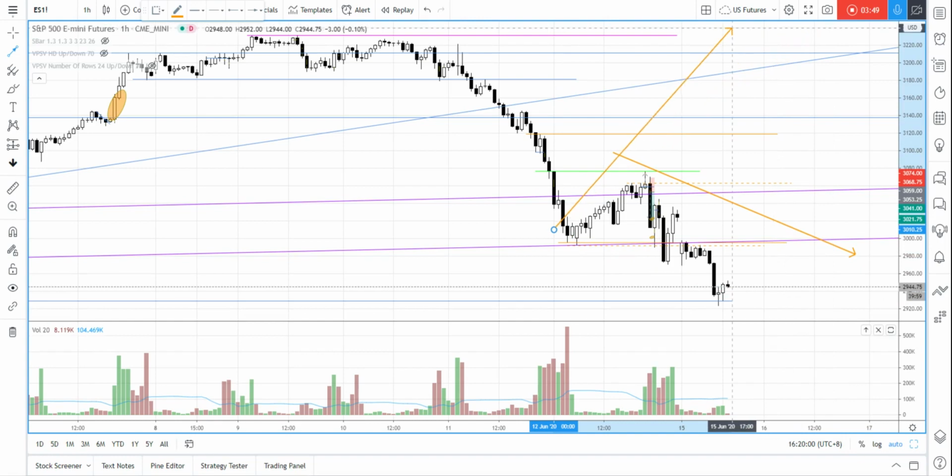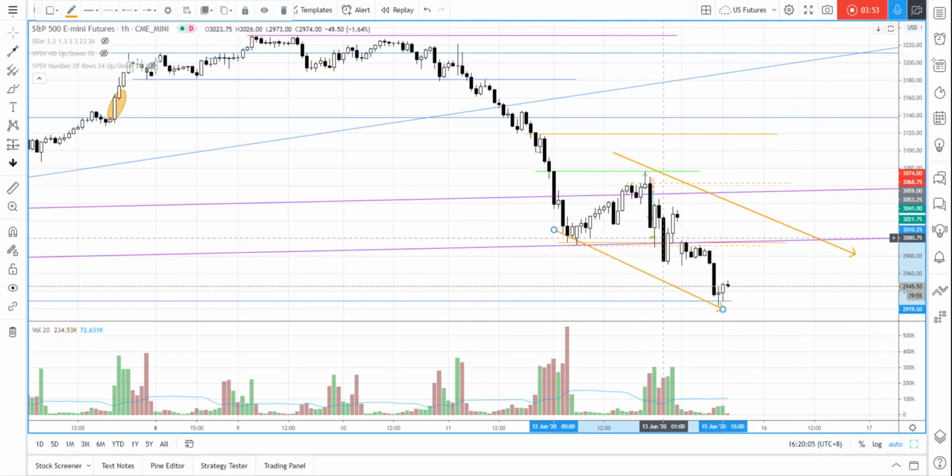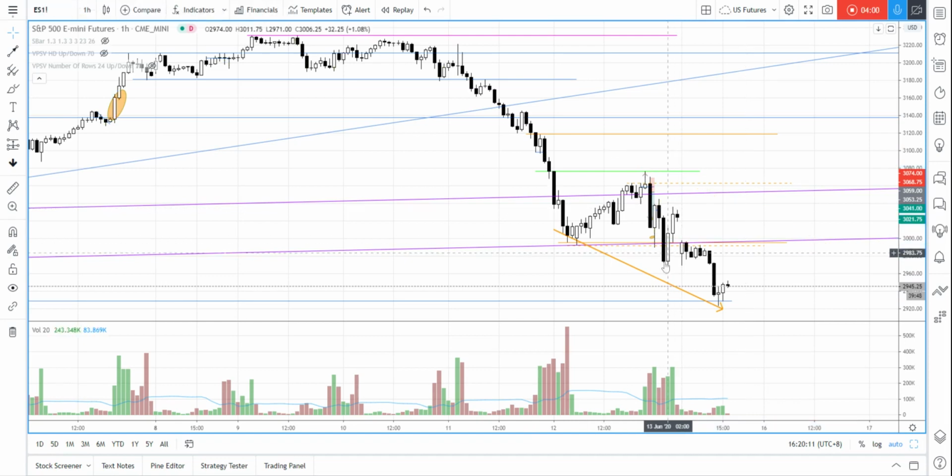It could do something like that, a down-sloping trading range instead of the usual horizontal trading range that we usually see. But anyway, I will talk more in the video later after I have reviewed my trades.